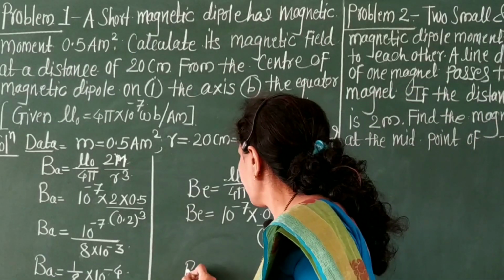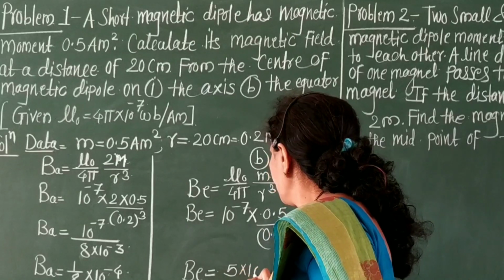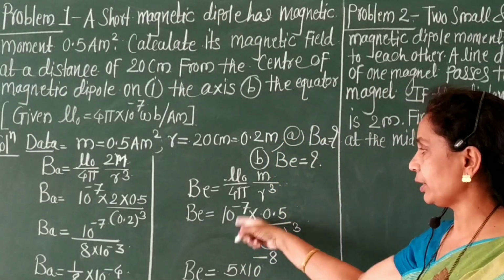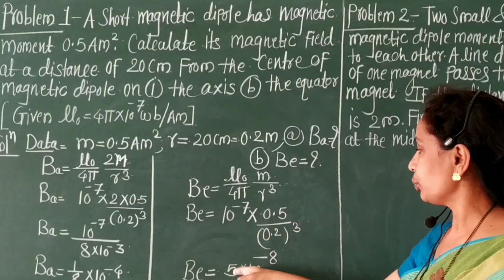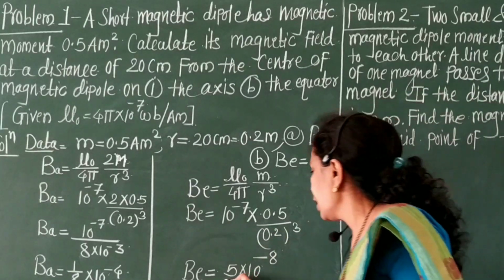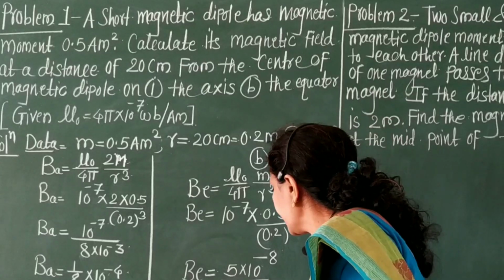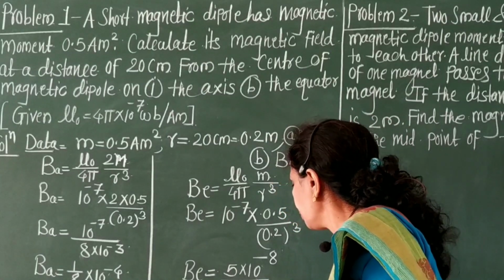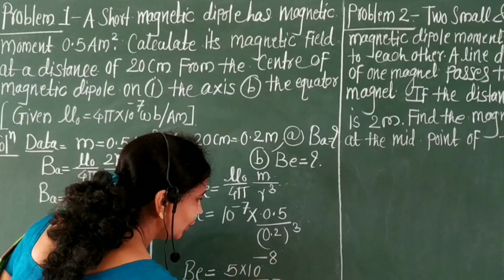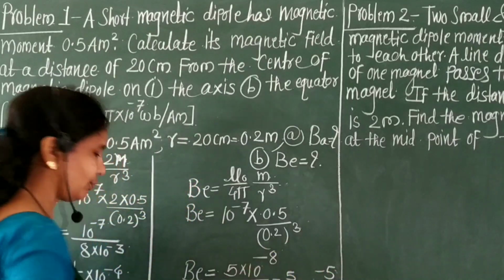Okay, therefore BE is equal to 5 into 10 raised to minus 8, upon 0.2 bracket cube, which is 8 into 10 raised to minus 3. Therefore, BE is equal to 5 by 8 into 10 raised to minus 5.